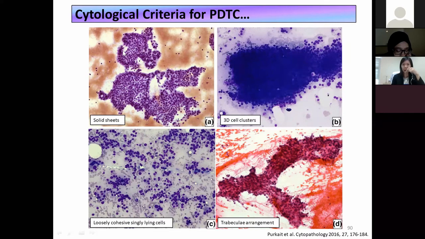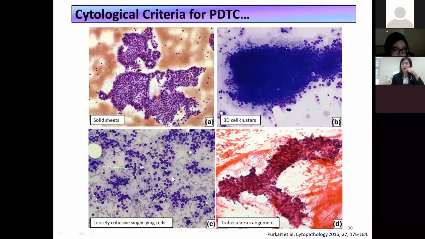They have a peculiar nuclear palisading. We call it a peripheral garlanding of the nuclei. You can appreciate they are like a BCC of the skin. They have this peripheral palisading, and they have these 3D cell clusters, with very crowded nuclei. You cannot actually see them.